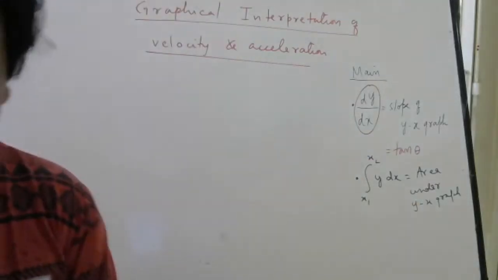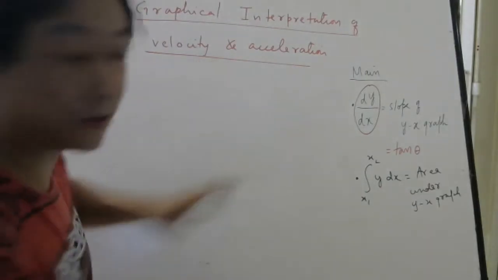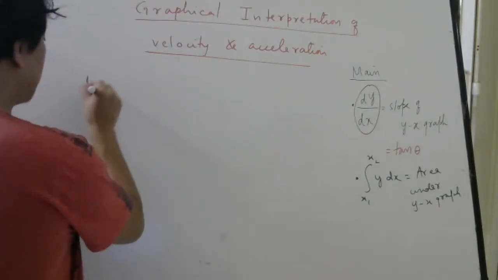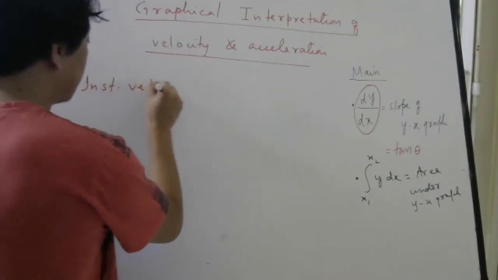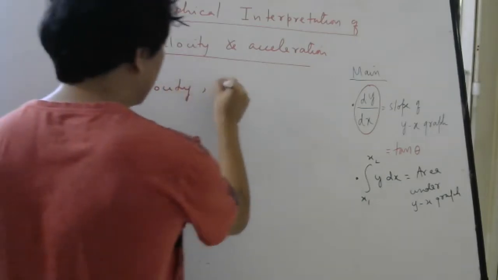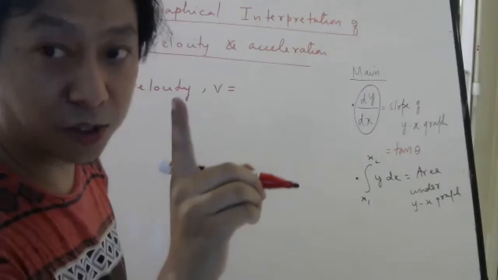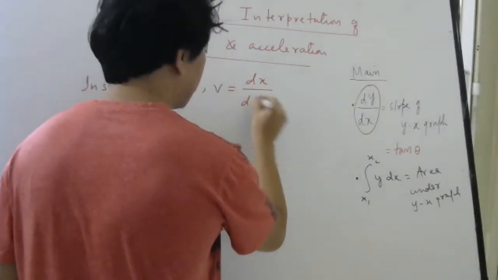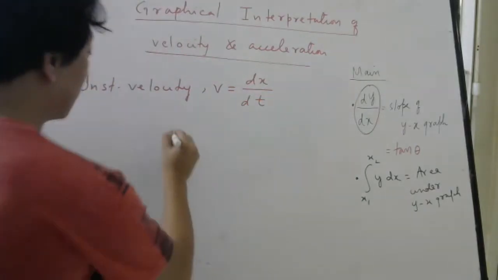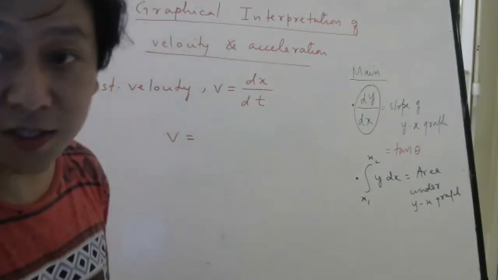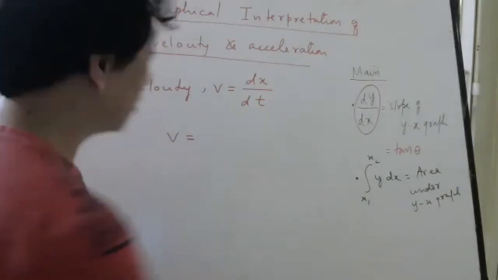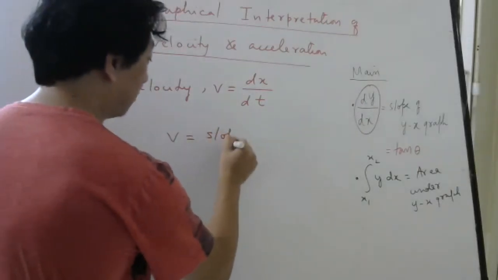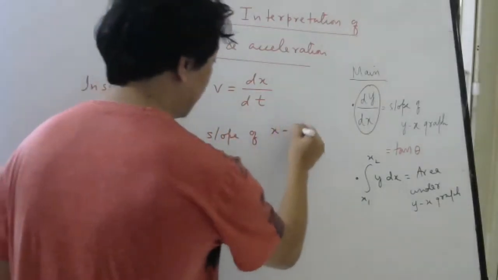Okay. So now let us come back to our physics. We know instantaneous velocity. We are talking about 1D motion only right now. So dx by dt. Correct or not? That means graphically how you can calculate velocity. Use that knowledge. So velocity will be slope of xt graph.